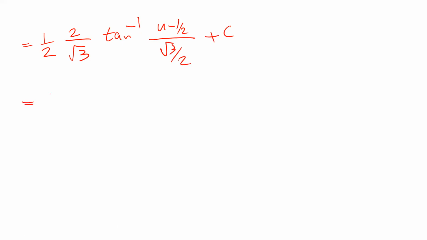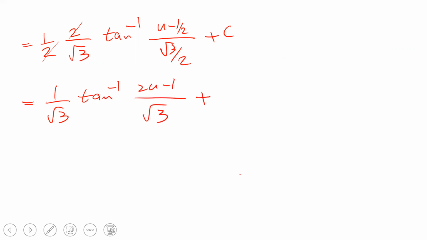You can simplify this a little bit. This 2 is out. That will be 1 divided by the square root of 3 times tangent inverse of (2u minus 1) divided by the square root of 3, plus c, which is the constant of the integral.